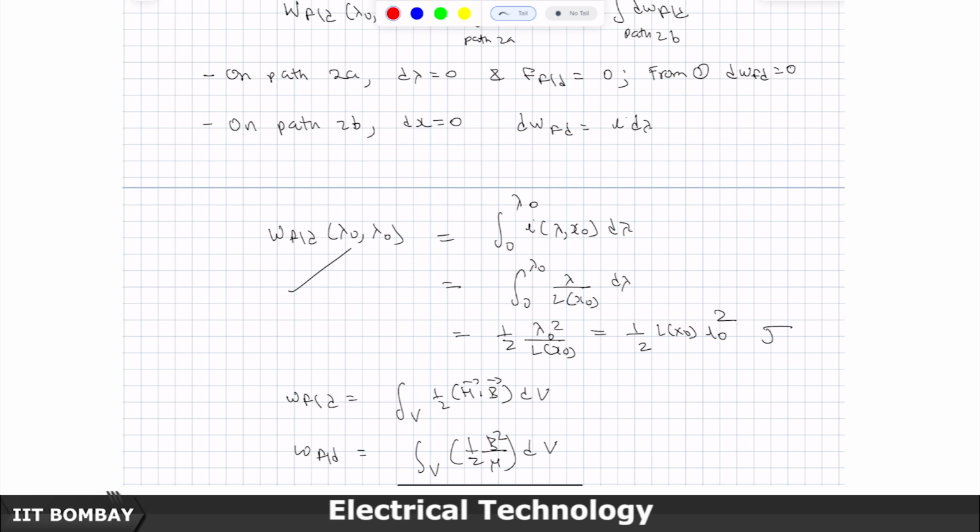Now, very carefully notice that this integration state variable is lambda. This is in terms of current, and current has a relationship with lambda. What is the relationship? Lambda is equal to the inductance at that point x naught times the current.